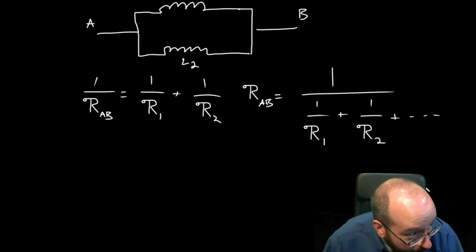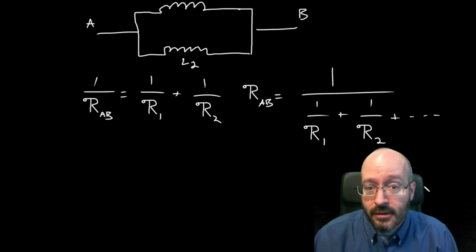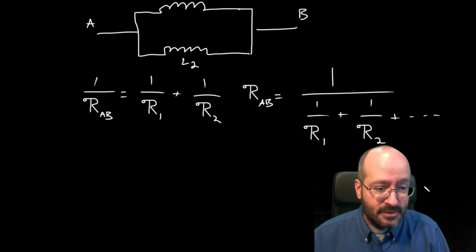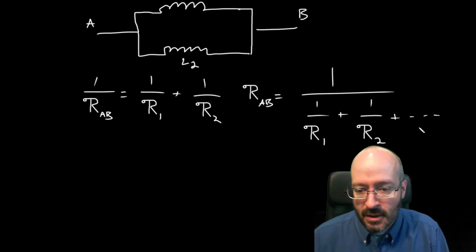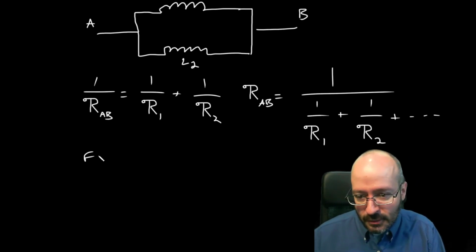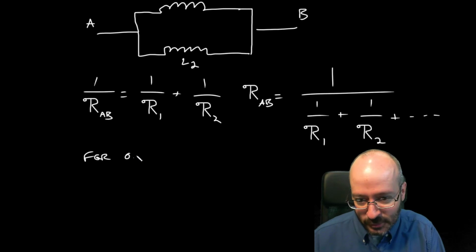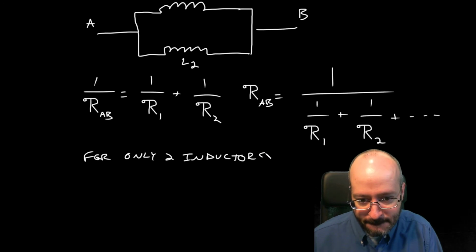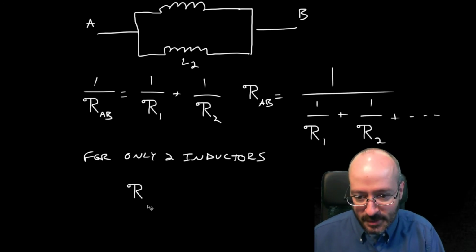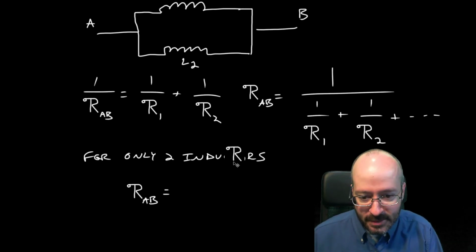Then add terms as necessary if you have more. If you have more inductors in parallel, just add them here. For only 2 inductors, we get the same limitation, then we can do the product over sum game. How many of these do we need?